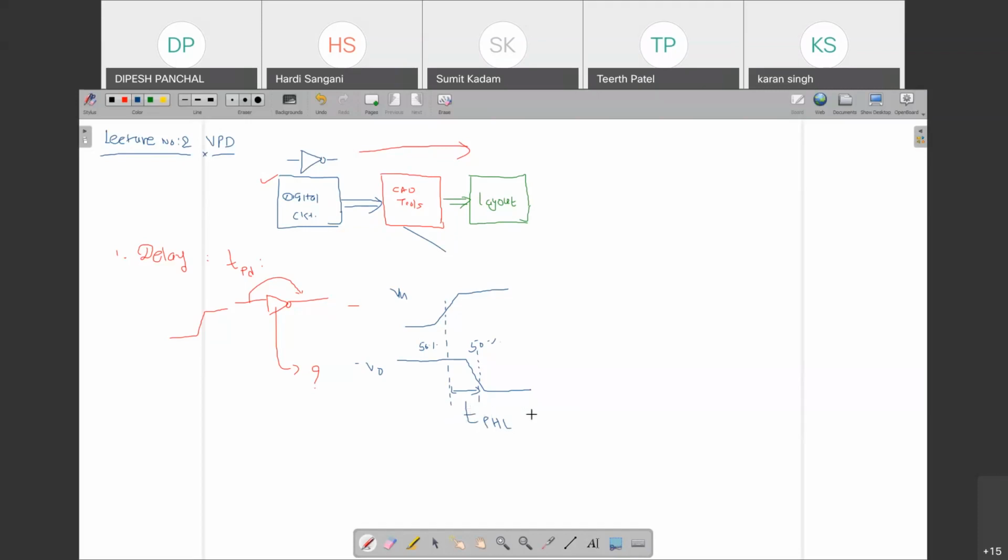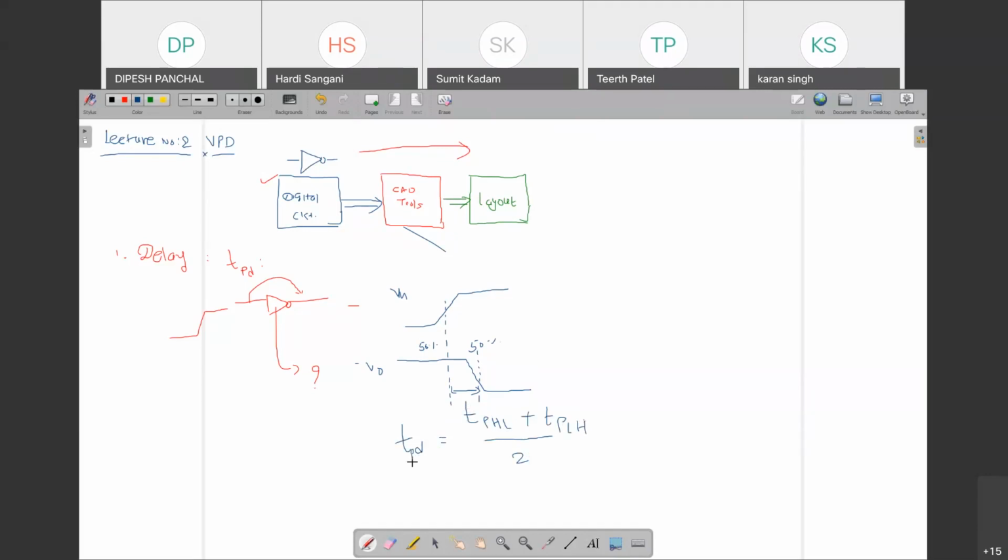TPHL is defined for that purpose, and at the same time TPLH also. If you take the average of these two, we call it the propagation delay of that particular gate.